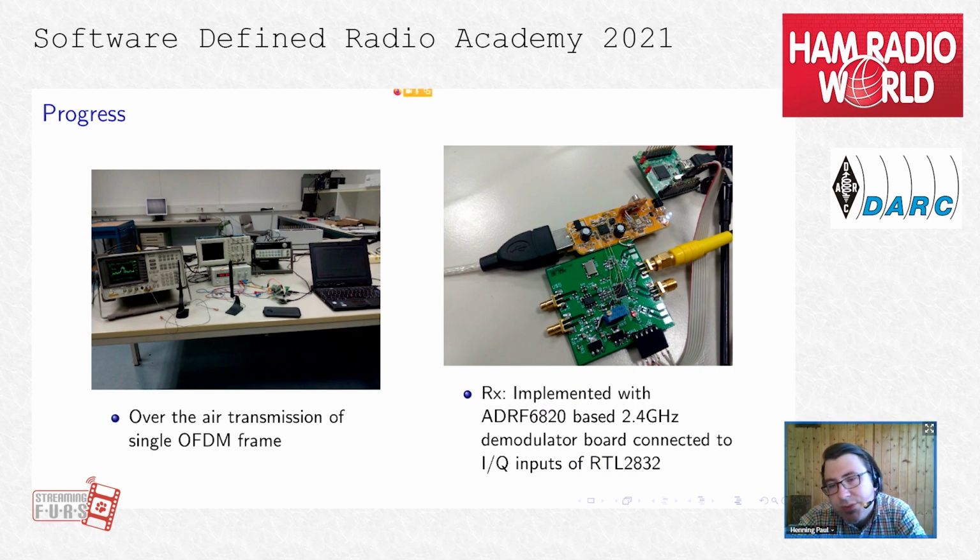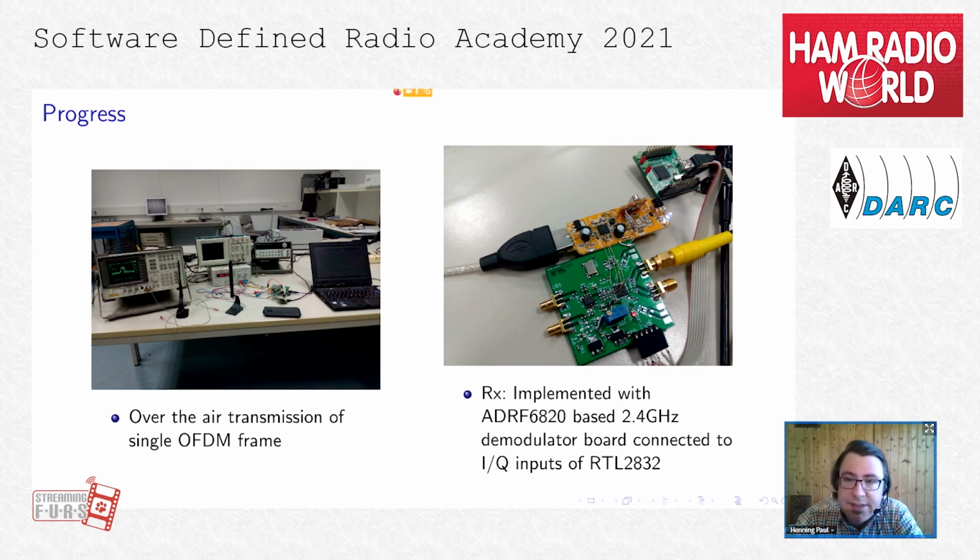The idea was to use, say, a modified RTL SDR for reception. That's why I designed a receiver board as the counterpart to the modulator you've seen before. The receiver is the ADRF6820, which is the matching receiver to the transmitter's 6720.